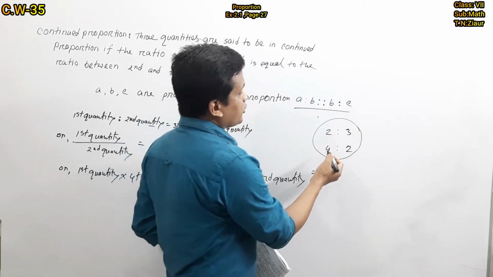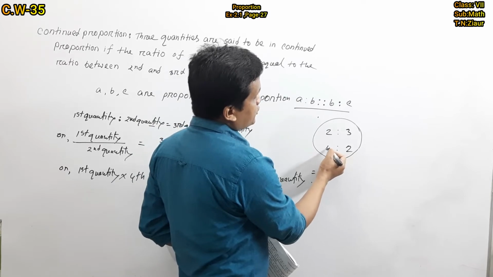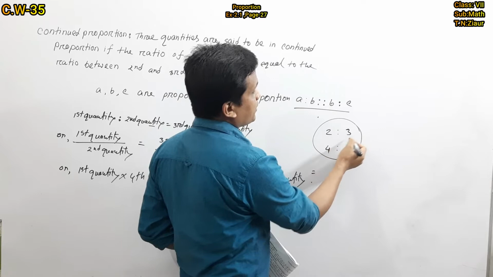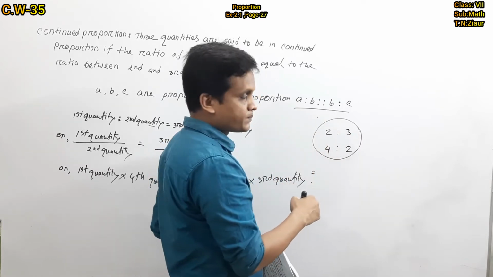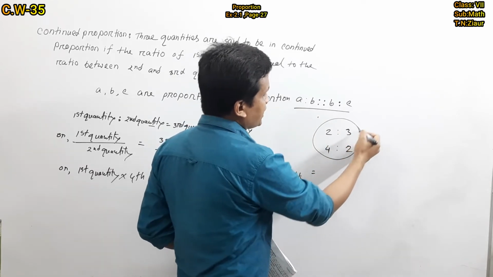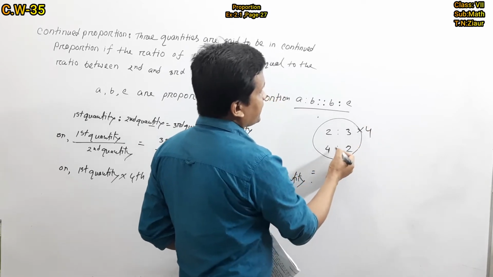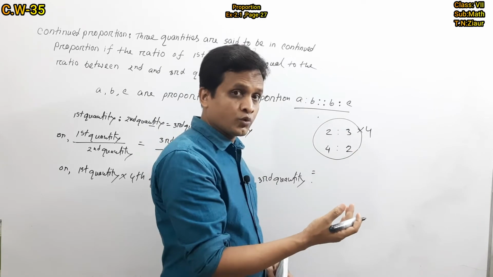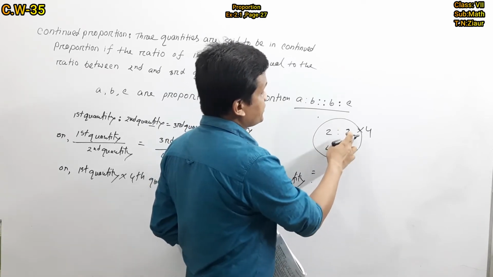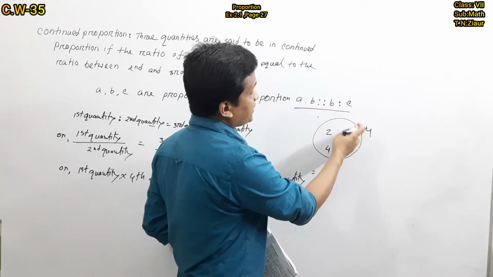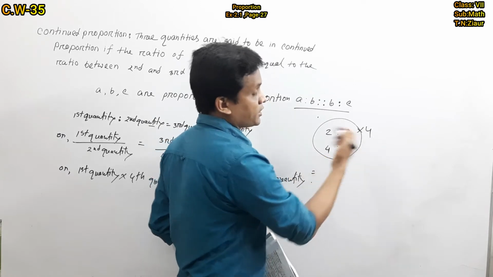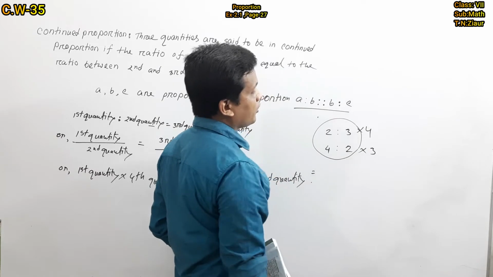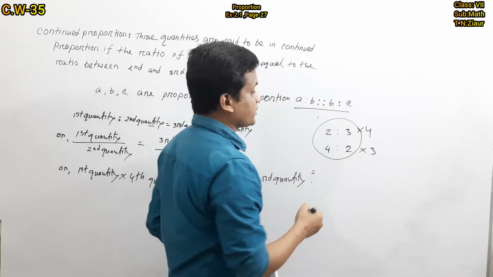In the second ratio, the antecedent, by that we have to multiply both quantities of the first ratio. This one is 4 and here this one is 3. The subsequent of the first ratio, by that we have to multiply the second ratio. This one is 3. Then we'll get the successive ratio.